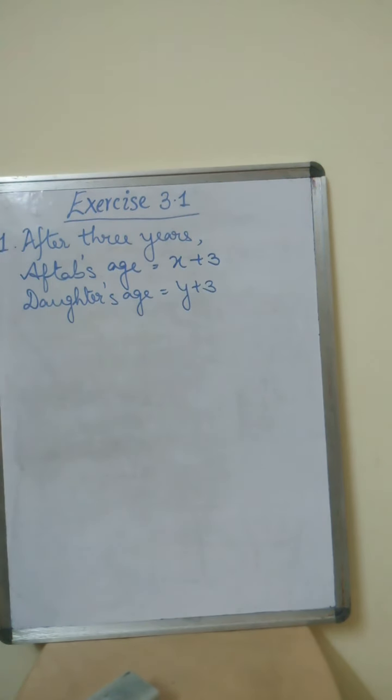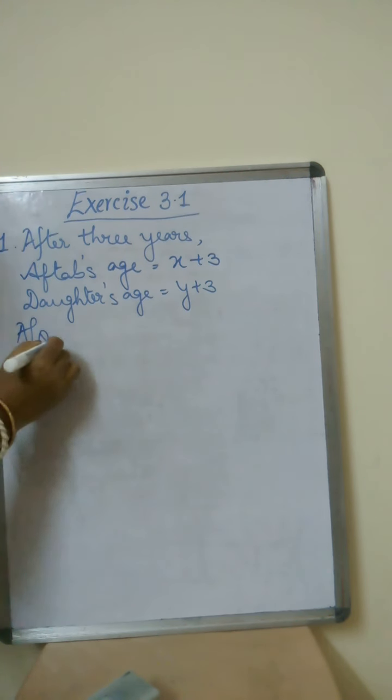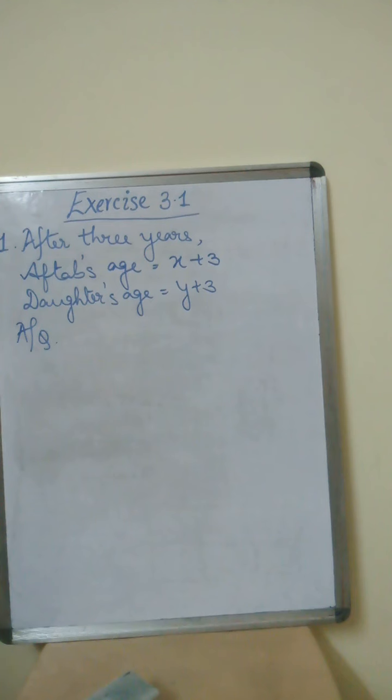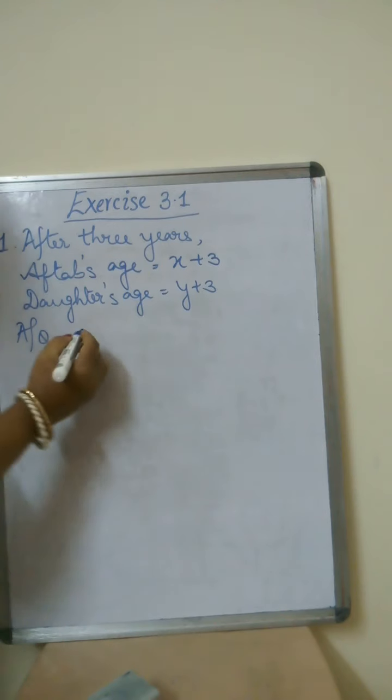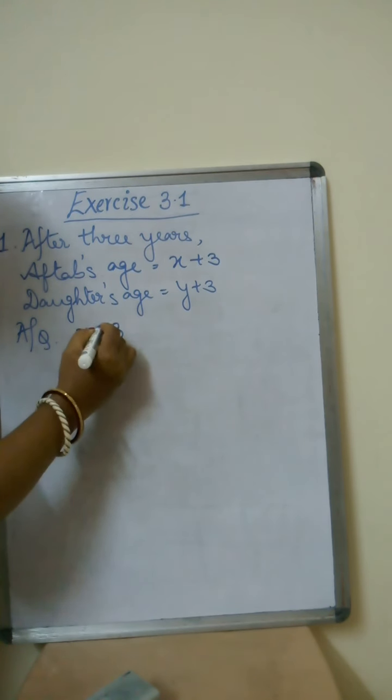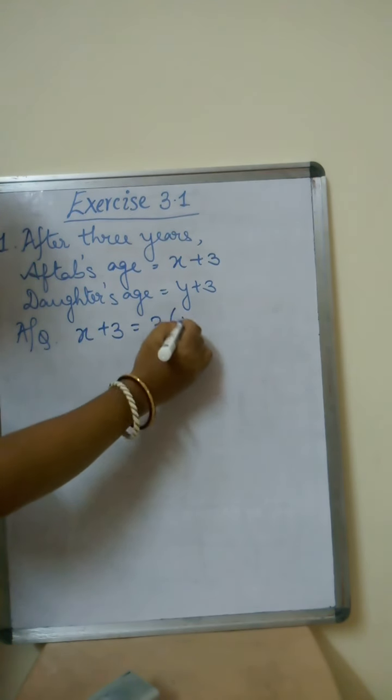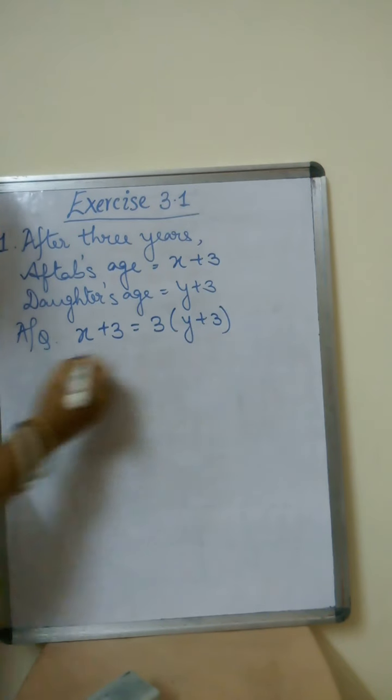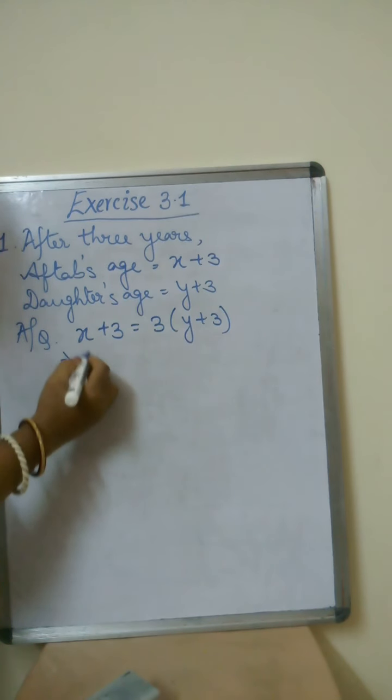According to the situation, Aftab shall be 3 times as old as his daughter. So Aftab's age X plus 3 will be 3 times his daughter's age, Y plus 3.